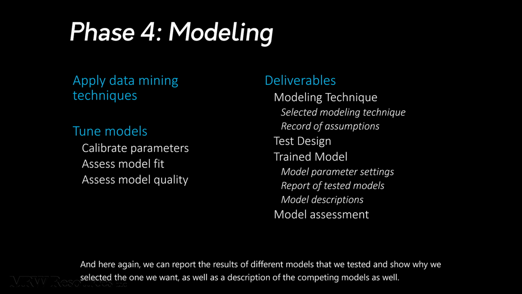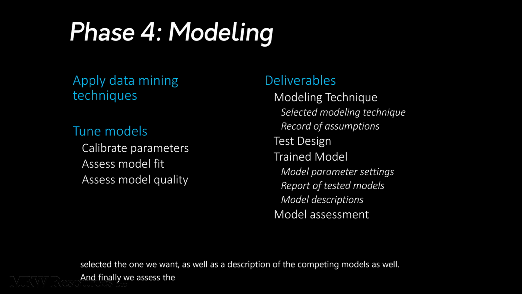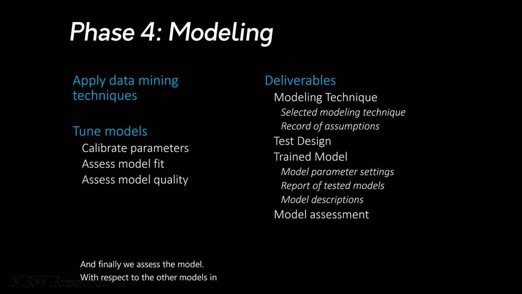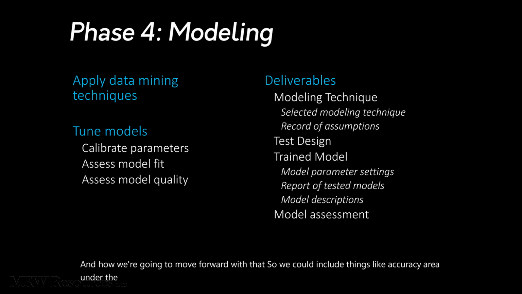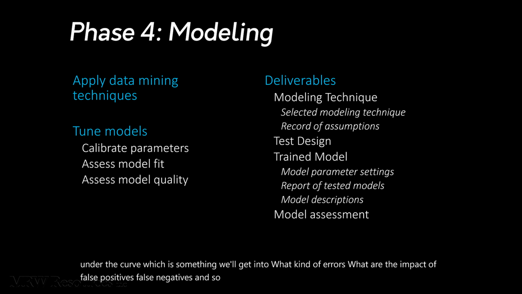Finally, we assess the model with respect to the other models in place, and how we're going to move forward with that. So we can include things like accuracy, area under the curve, which is something we'll get into, what kind of errors, what are the impact of false positives, false negatives, and so forth with respect to our model.